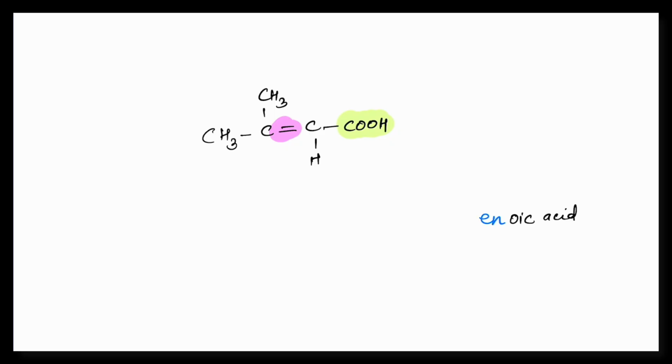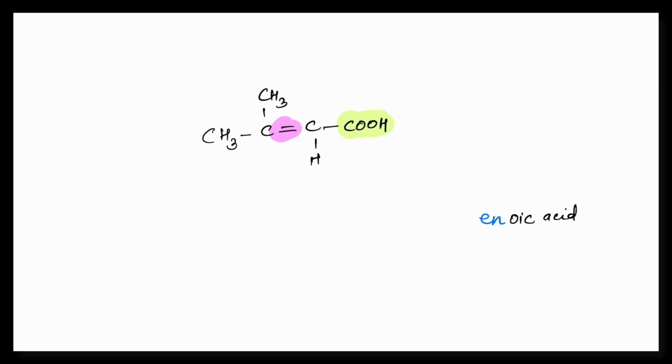Alright, moving to the parent chain. Now the interesting part in this question is that the functional group also has a carbon atom. In cases where there is a functional group with a carbon atom, then when finding the parent chain, we include that carbon in our parent chain. Also, we start numbering from this carbon atom.